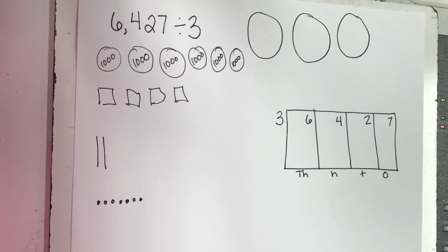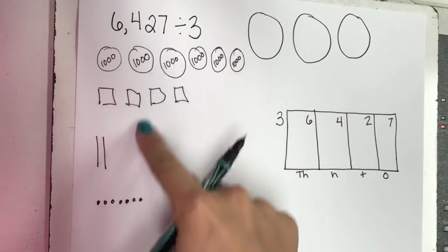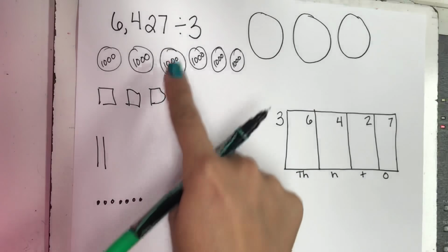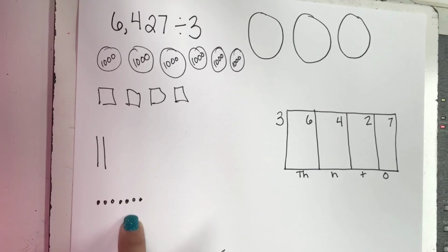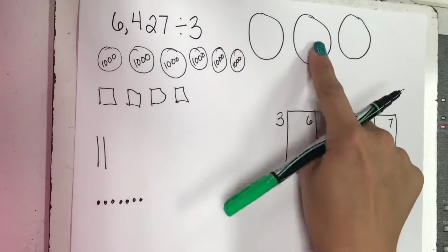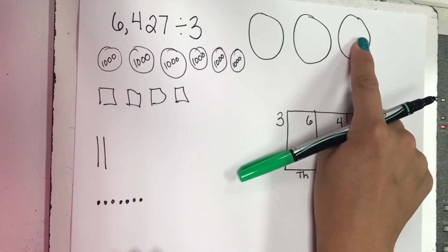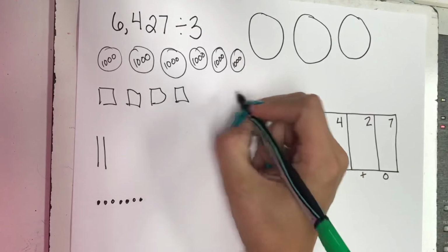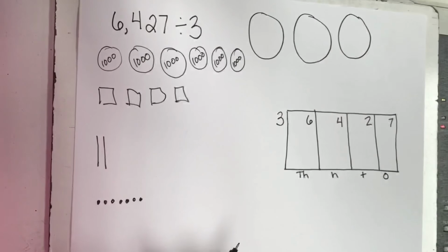So, I want you to think about something. If I give one of any of these thousands, hundreds, tens, or ones, if I give 1 to each of these groups, how many did I use? If I give 1 to each one, how many did I use?